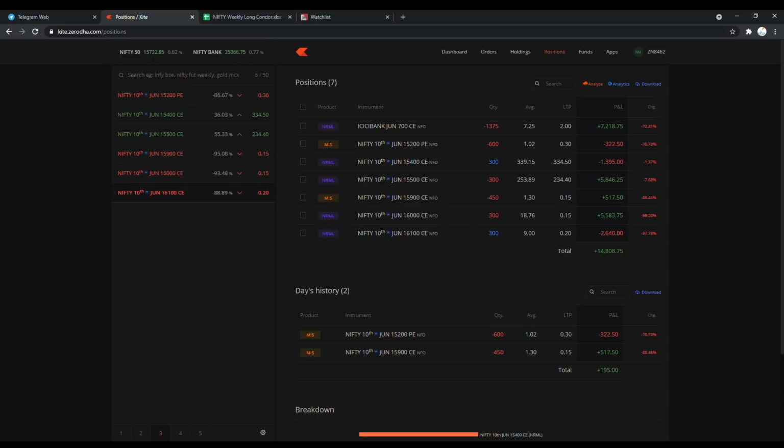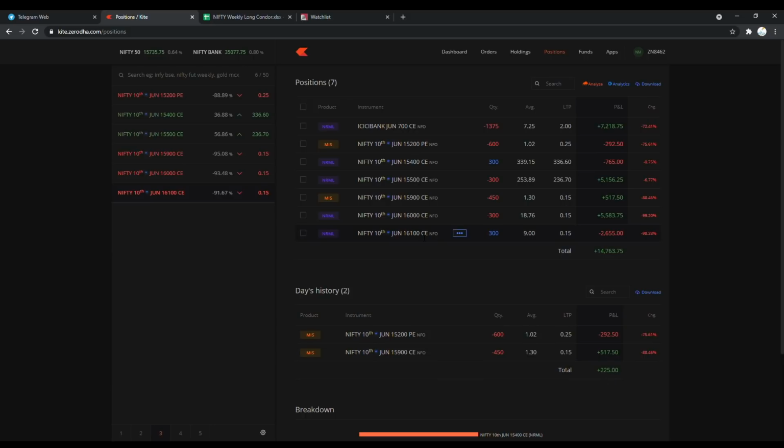Right now the market is hovering around 15,730 to 750, which is right in the middle of our sell strikes. So what I am trying to do is leave these for expiry. I have taken a few expiry trades, so this profit of some 300 400 rupees will come because of some erroneous SLM execution.